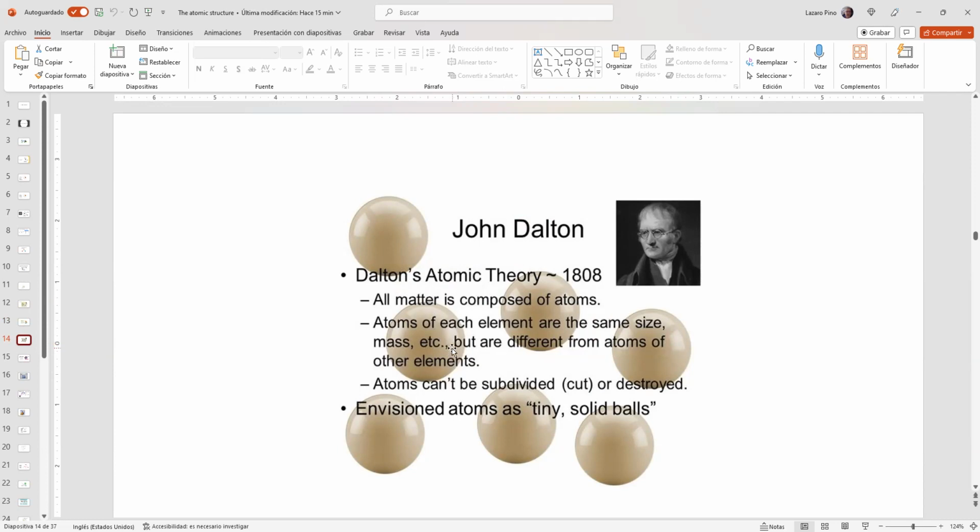Atoms can't be subdivided, cut, or destroyed. Well, atoms cannot be divided, but let's see what happened with the atom. And he explained that atoms were tiny solid balls. This was the way he represented an atom.